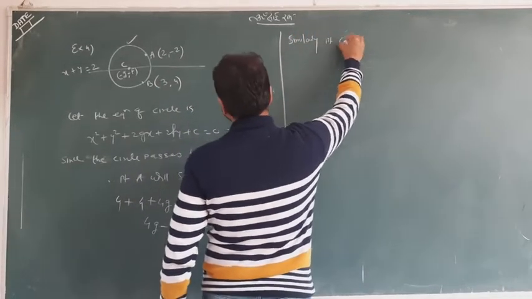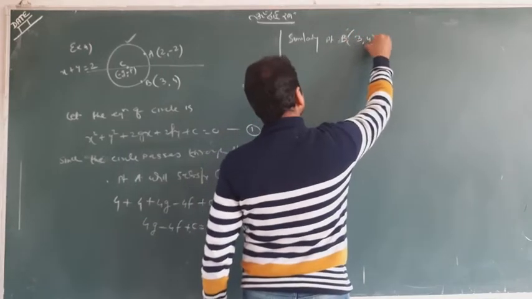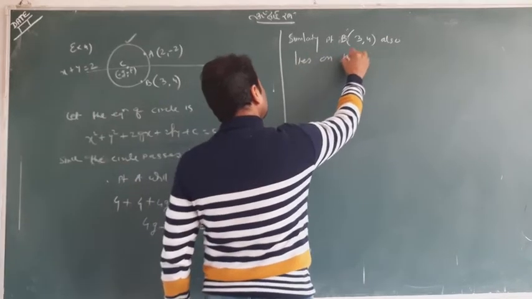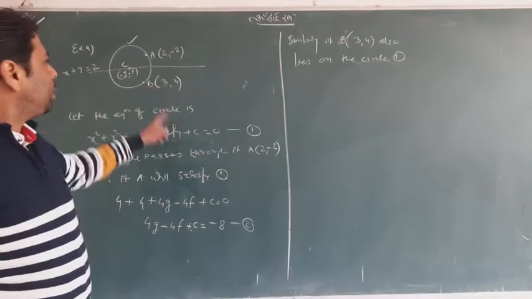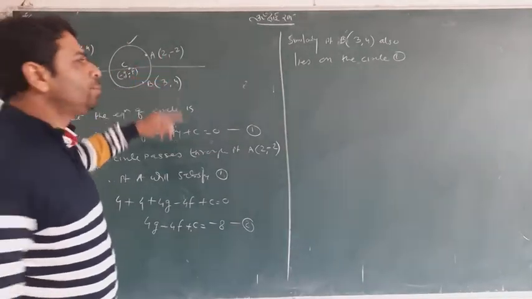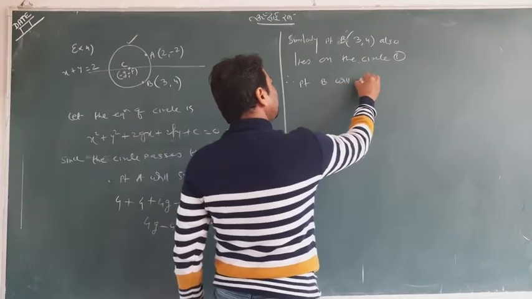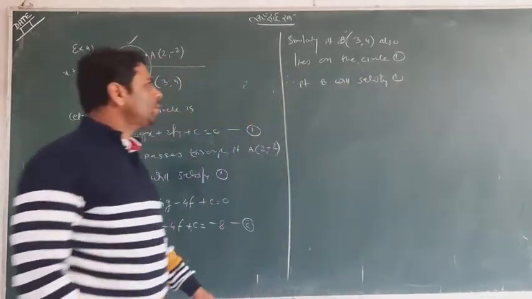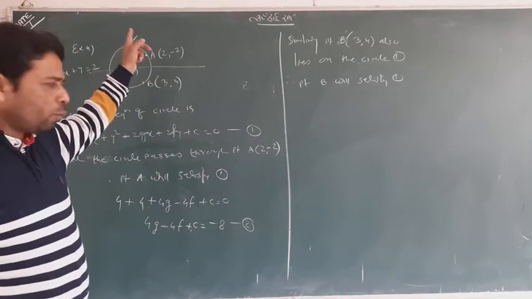Point B, which is (3, 4), also lies on the circle 1. Point B will satisfy equation 1. Please try to understand: A satisfied equation 1, B also satisfies this one.